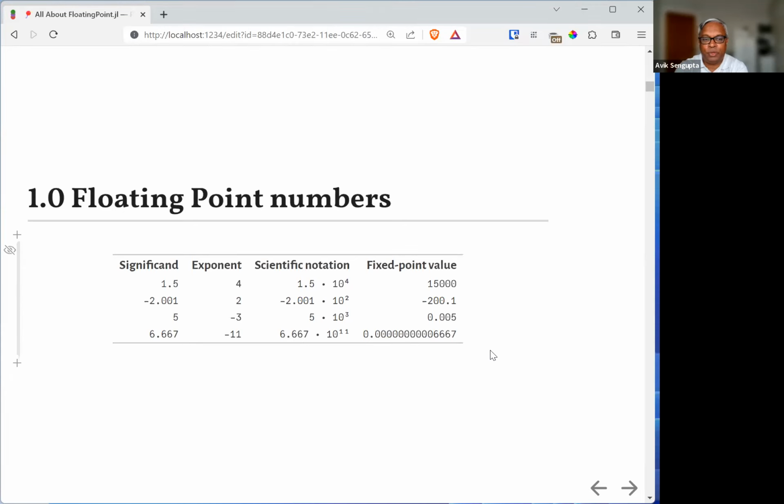When you're writing them in scientific notation, the first part is typically one digit to the left of the dot, and then as many digits to the right of the dot as necessary, and then a 10 to the power x that represents the exponent.